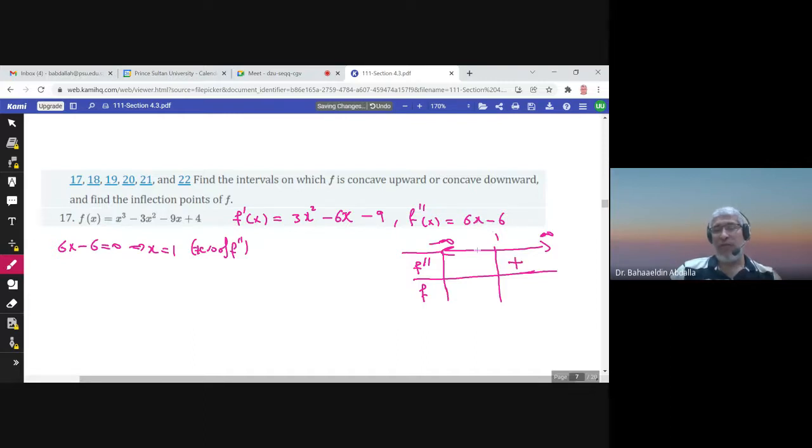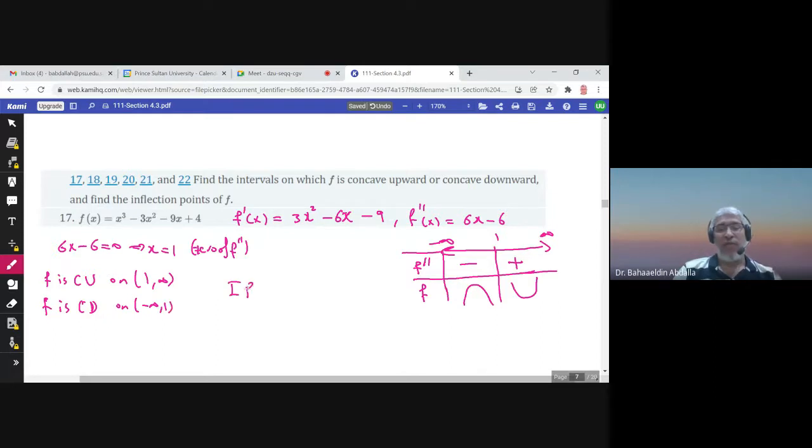Okay, take a number to the left of 1, 0 for example, f double prime is negative. So here the graph is concave down. Here the graph of f is concave up. So f is concave up on 1 to infinity, and f is concave down on negative infinity to 1.